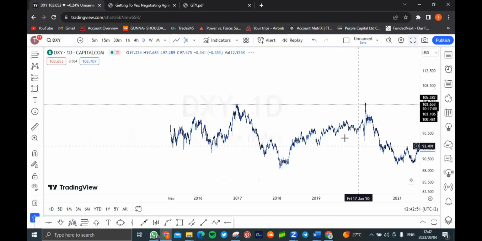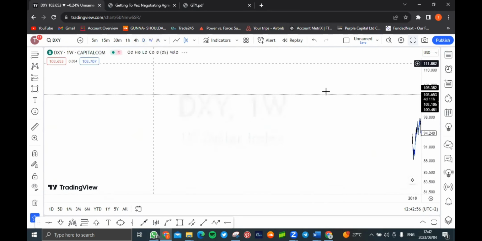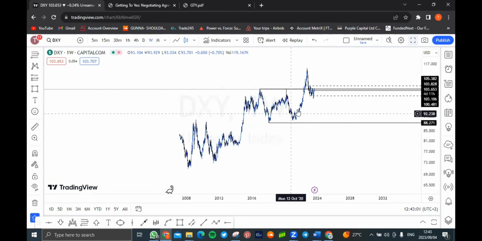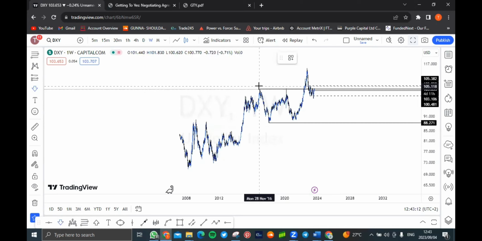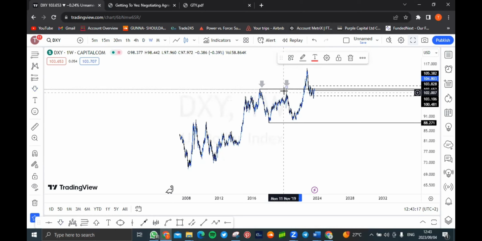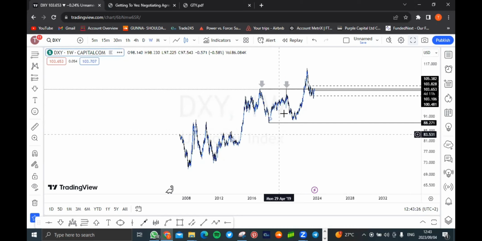But overall, if we go on the weekly, this is what it looks like. Price actually broke out of the range that it was low-key forming. I don't know if this is even eligible to be called a range, because we have our first touch here and then a second touch, but the second touch didn't even make it to the lows, to the support of the range.